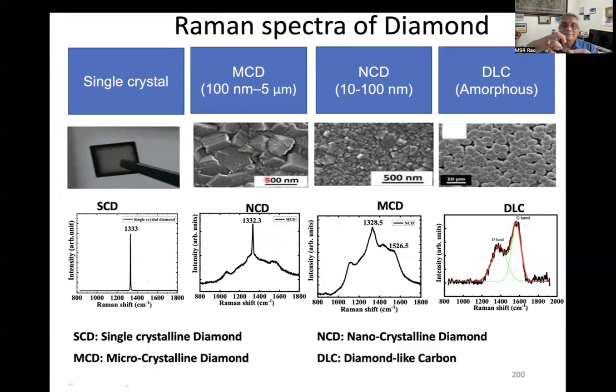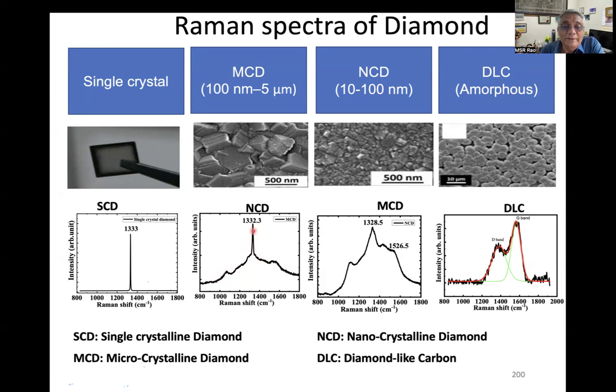So that means NCD is an agglomeration of diamond particles separated by some carbonaceous phase at the grain boundaries. Even though that carbonaceous phase is present in only 1 to 2% sitting at the grain boundaries, because of the Raman cross-section differences between carbon and diamond, you would see a large broad peak from carbon, even though carbon is present in small quantities compared to what you get from the diamond peak.